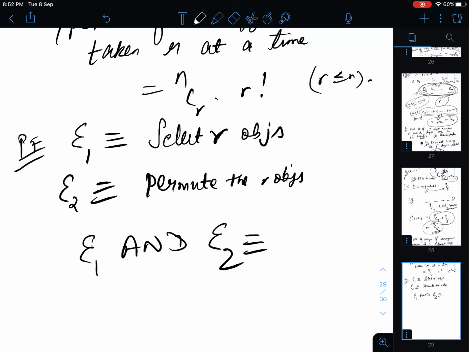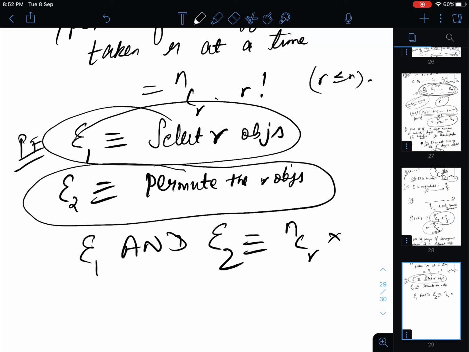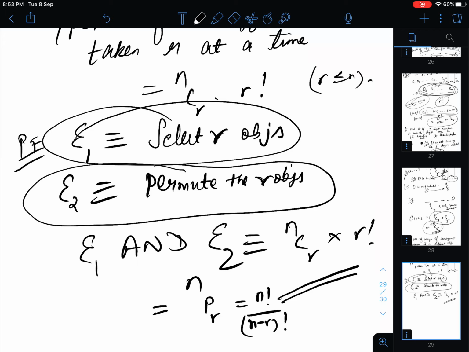This is NCR, which is the number of ways in which event E1 can occur, into r factorial, which is the number of ways in which event E2 can occur, and this is the result that we were looking for. Now this is sometimes also denoted by NPR, which is nothing but n factorial upon n minus r factorial.